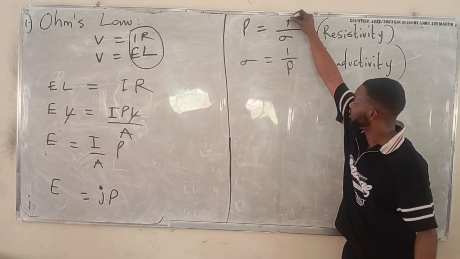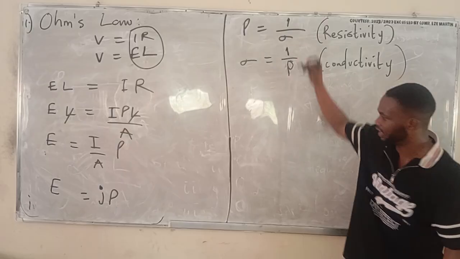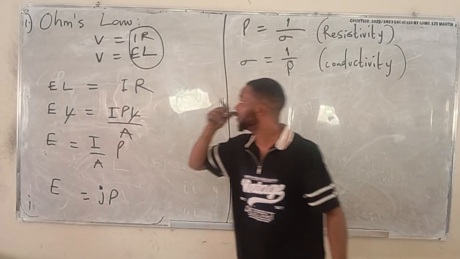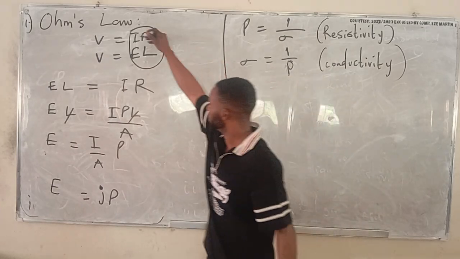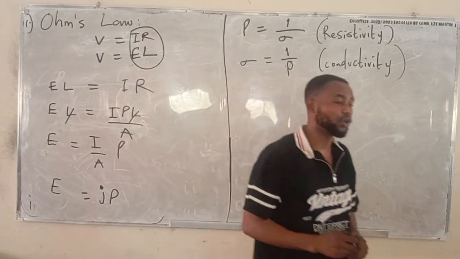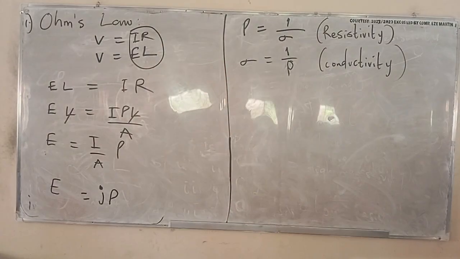I said conductivity is the opposite of resistivity. This thing is 1 over, not I, 1 over. That is why I started writing it this way, so you don't mistake the two. If it's a good conductor, conductivity will be high. If it's an insulator or a poor conductor, conductivity will be low.